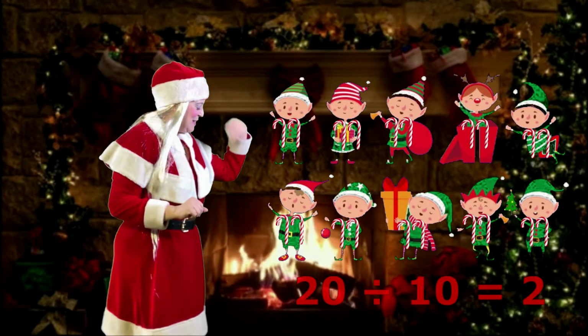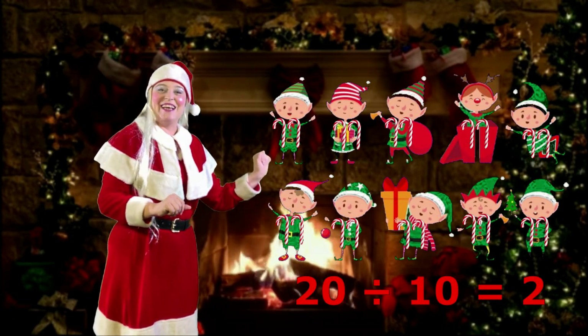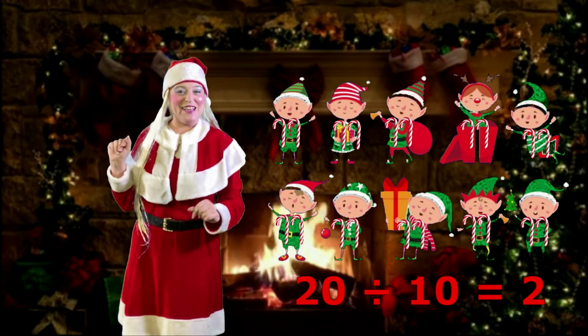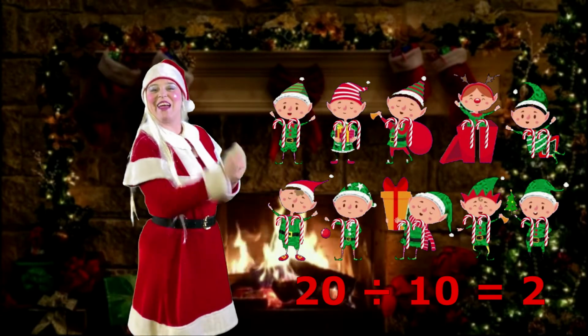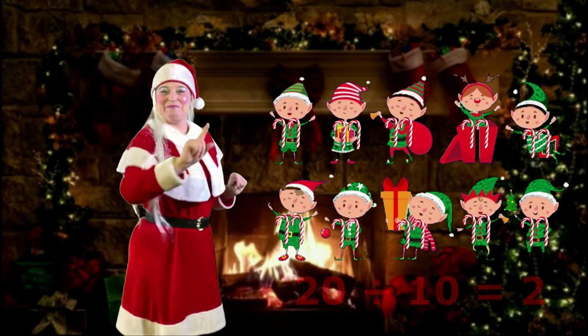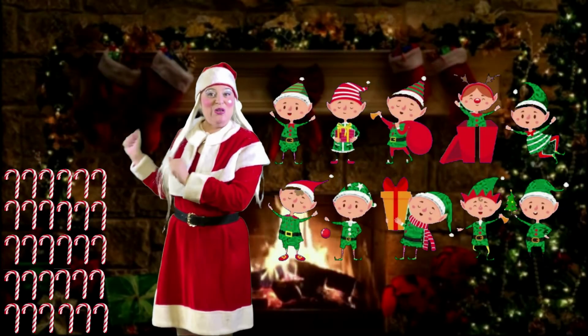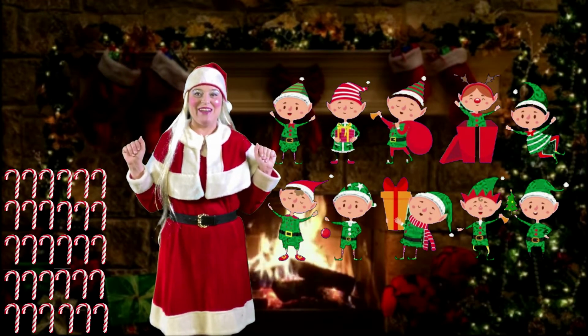Very good. 20 divided by 10 equals 2. 20 sweets shared between 10 elves means they get 2 each. Excellent. Look how many sweets I have now.